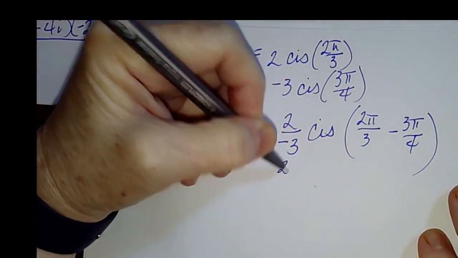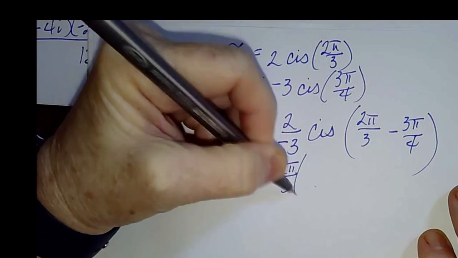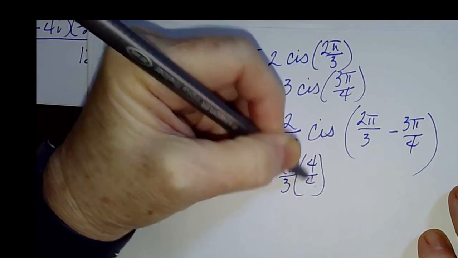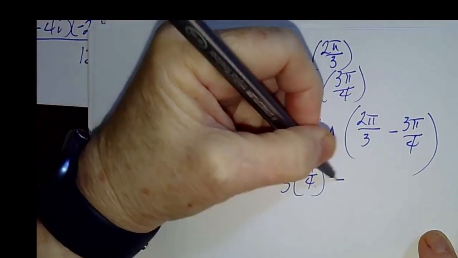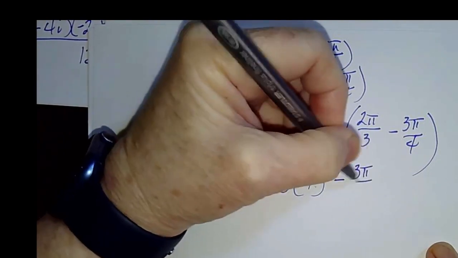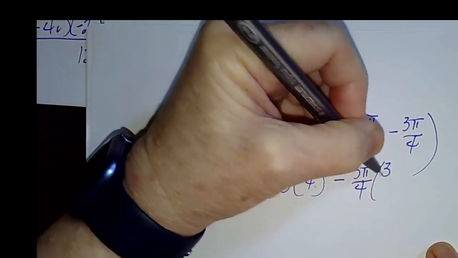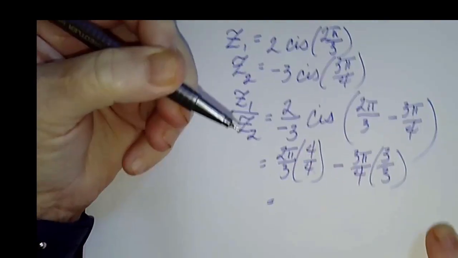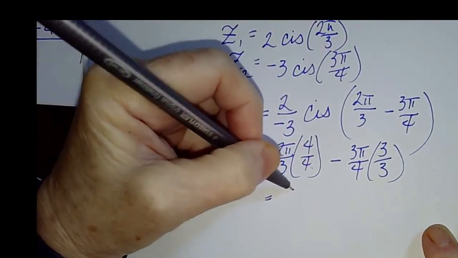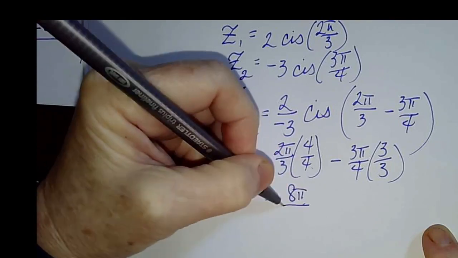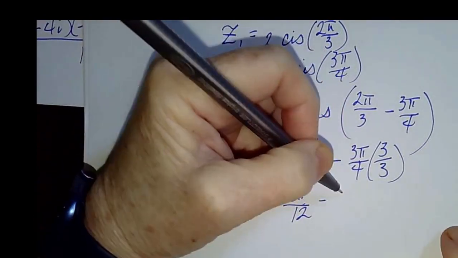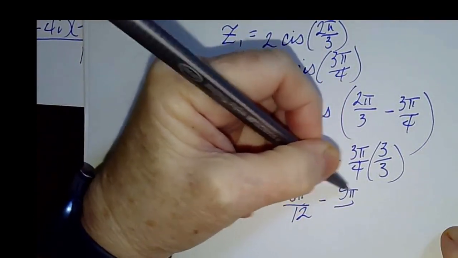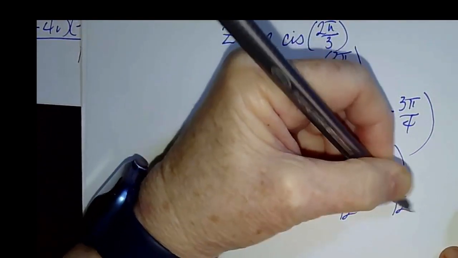So I've got 2 pi over 3 times 4 over 4 minus 3 pi over 4 times 3 over 3. That's 8 pi over 12 minus 9 pi over 12, and that's negative pi over 12.